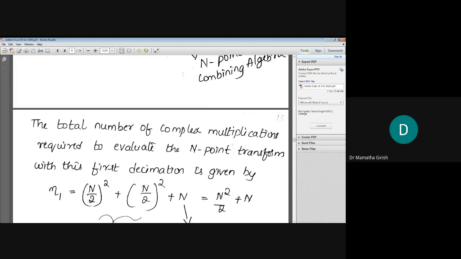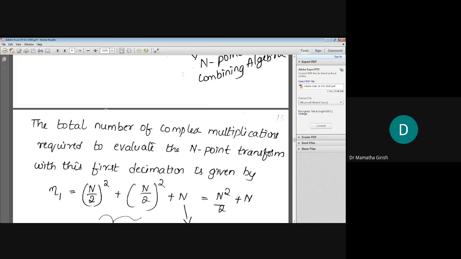We generally try to measure the computational efficiency based on multiplication rather than addition. Addition also matters to a small extent, but what matters to a greater extent is the number of complex multiplications. That is why I've stressed more about the complex multiplications. At the end of this topic, we'll discuss both complex multiplications as well as additions.